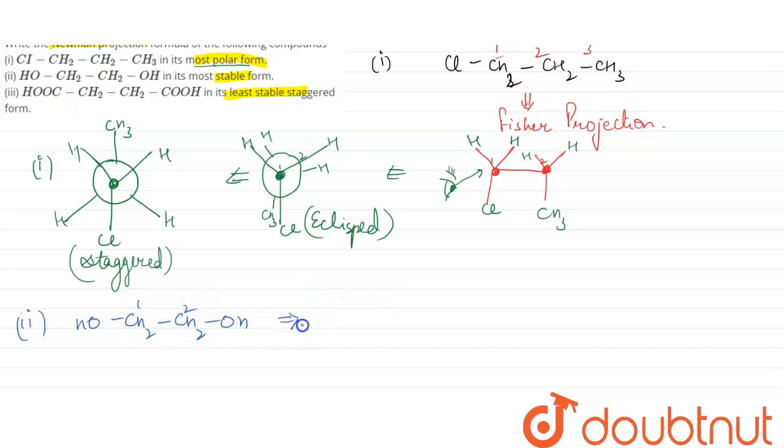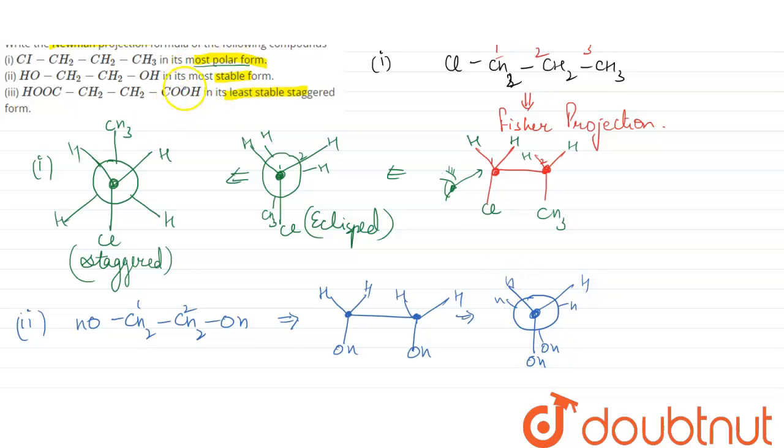This is carbon 1, this is carbon 2, with the three groups attached: the first one has two hydrogens and one OH, and the second again hydrogens, then OH. Now we are going to draw its Newman projection. This is carbon number 1 and we draw it in this form: OH, hydrogen.